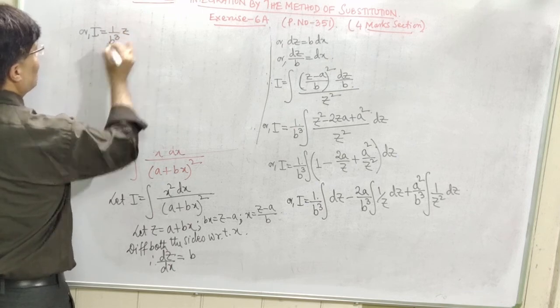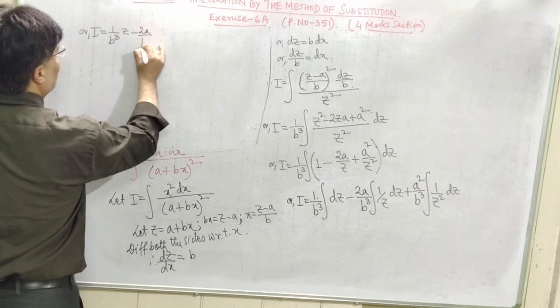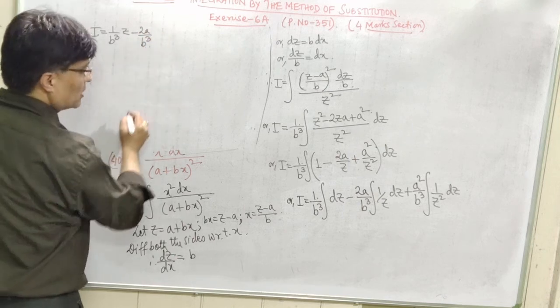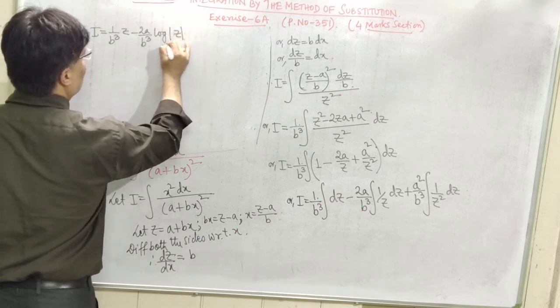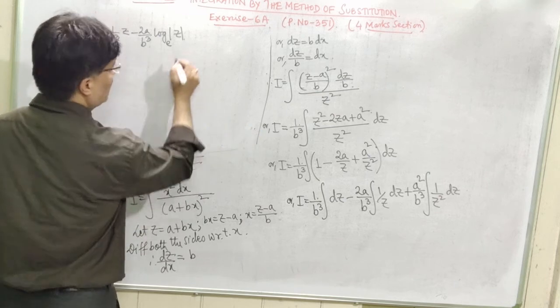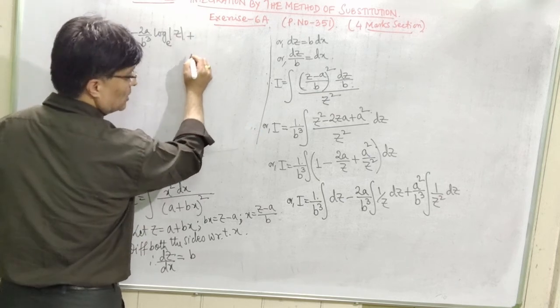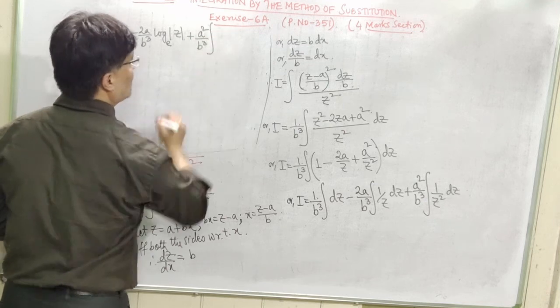What is integral 1 dz? That is your z. Minus 2a by b cube. What is integration of 1 by z dz? It is log within mod z, base e. Plus a square by b cube integral.